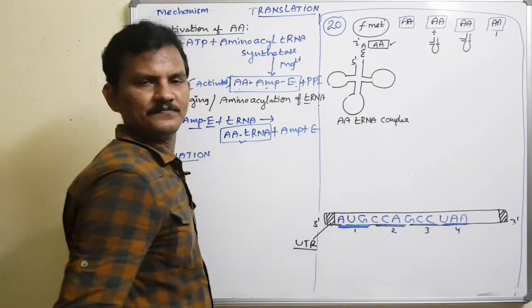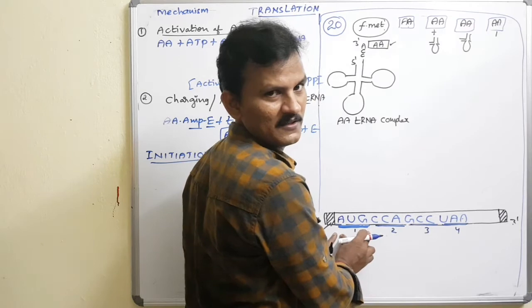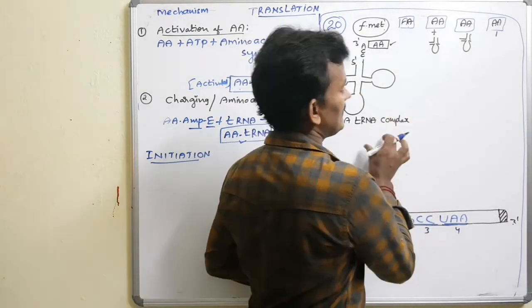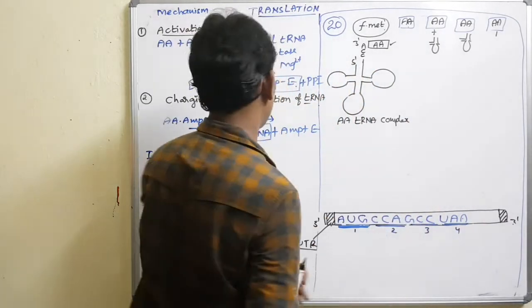So that is a codon. The codons are translated by the ribosomes into an amino acid sequence, which is called a polypeptide. We will see that in this session.